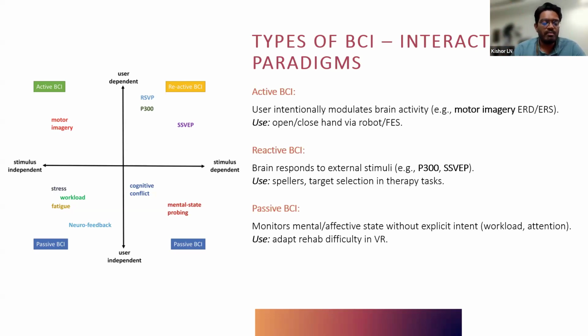And based on that, you can adjust the difficulty level or the number of trials, the number of times they do the exercise, and so on and so forth. So this is more of a monitoring thing. There is no active control here, but they still come under the BCI umbrella.